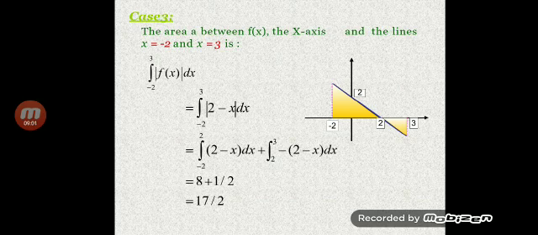Clearly if you observe in the figure, minus 2 to 3 we have to consider, that means the first case plus the second case, or by using the definite integral property we can split the integral as minus 2 to 2 of 2 minus x dx plus 2 to 3 of minus of 2 minus x dx, and we have found the values of these integrals. For the first case we get 8, and for the second case we get half. If you do the addition, we get 17 by 2. Cross multiplication, 8 into 2 is 16 plus 1, 17 by 2.